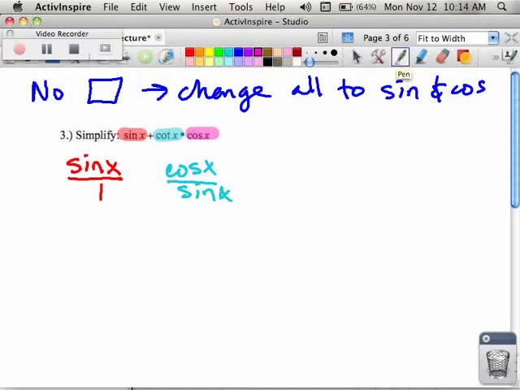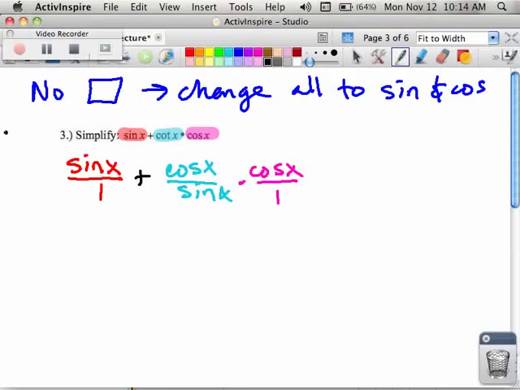And cosine is cosine over 1. So now I see everything in terms of sines and cosines.